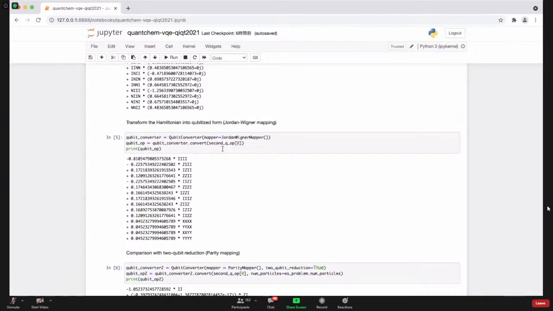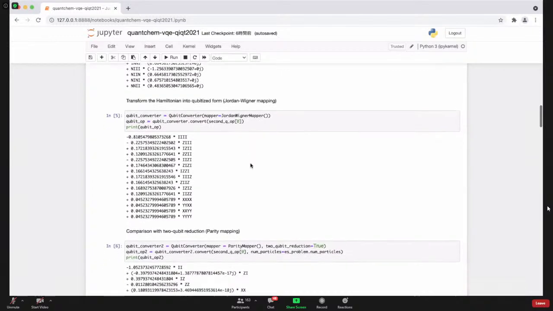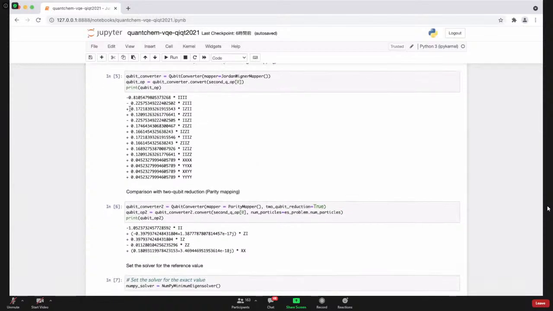Here, there's a qubit converter, which maps it using Jordan-Wigner. I'm using Jordan-Wigner right now, and this is the qubit Hamiltonian we obtained from the Jordan-Wigner mapping. I want you to compare it with the following.